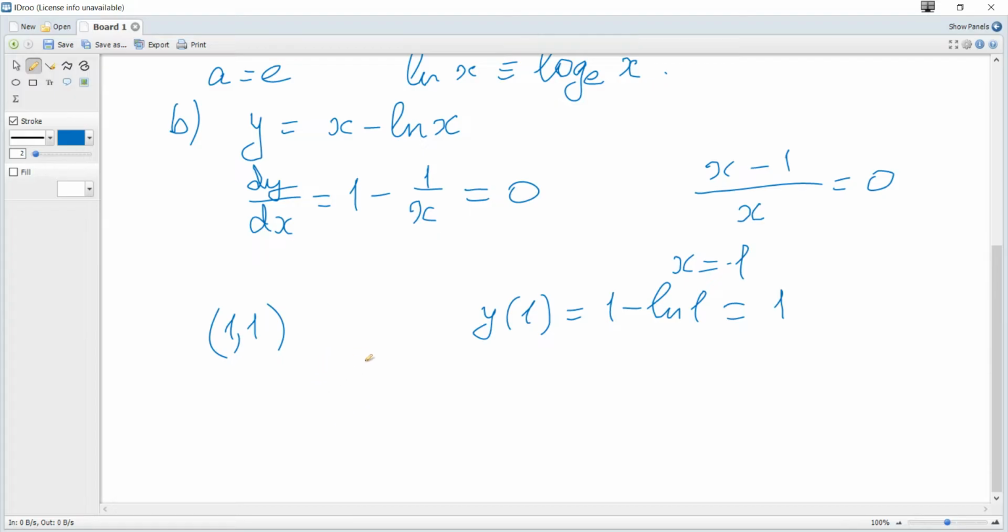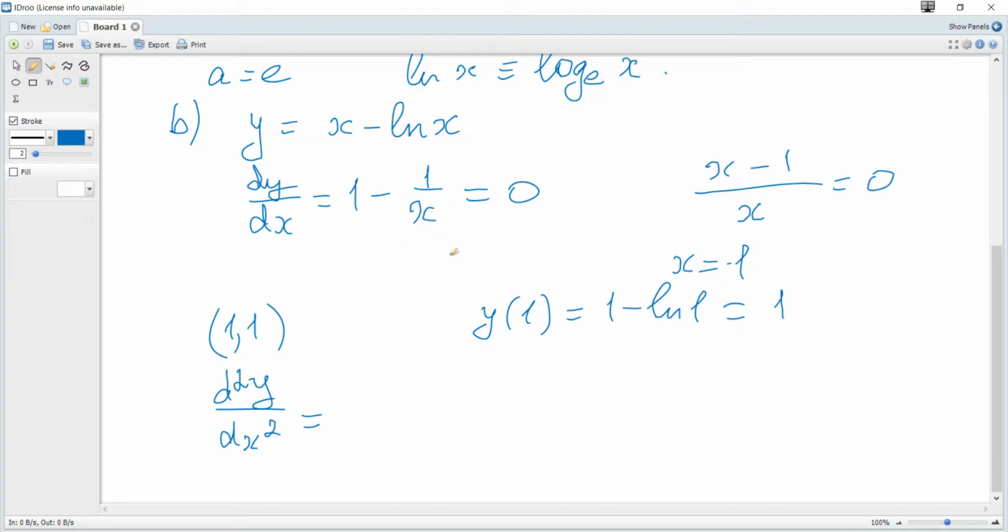And how to do that? There are two ways. We can consider the second derivative, or consider the point a bit to the left, a bit to the right, and show that the first derivative changes sign. But let's consider the second derivative. It will be much easier. So the second derivative becomes derivative of 1 is 0 minus 1 over x.